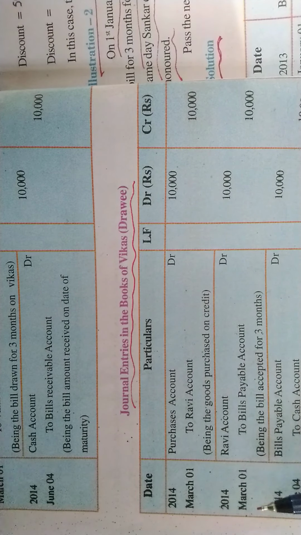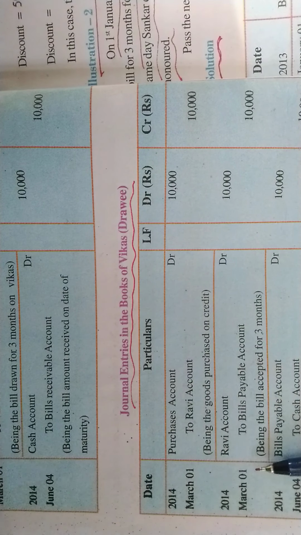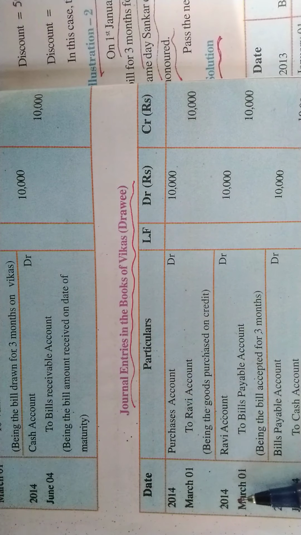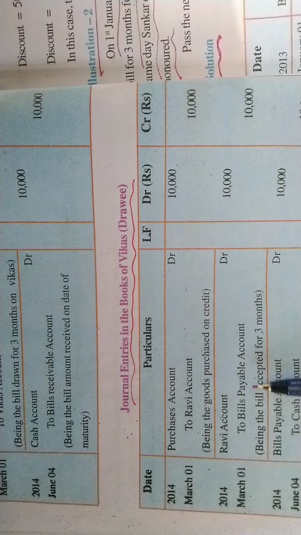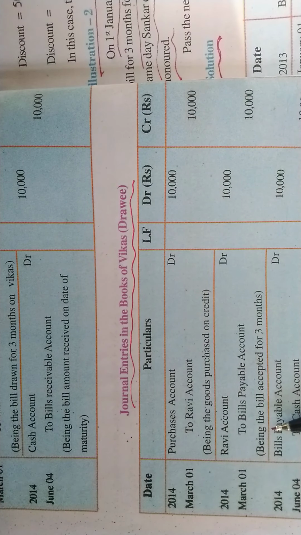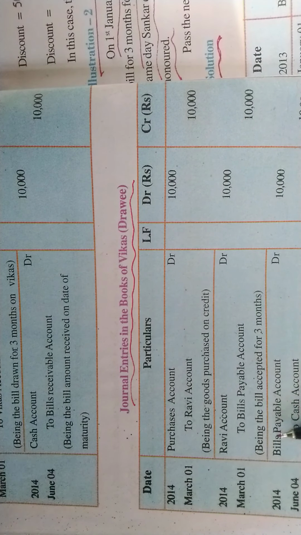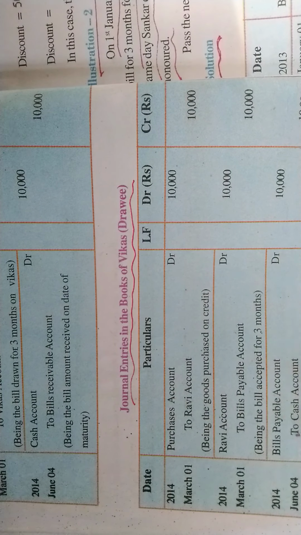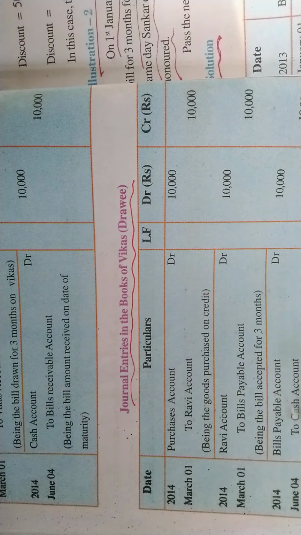The second entry for the transaction is on the same day the bill was accepted. That is why we are writing the same date, 1st March 2014. Ravi account debit 10,000 rupees to bills payable account 10,000 rupees. The narration is being the bill accepted for 3 months, and we close the entry with this narration.